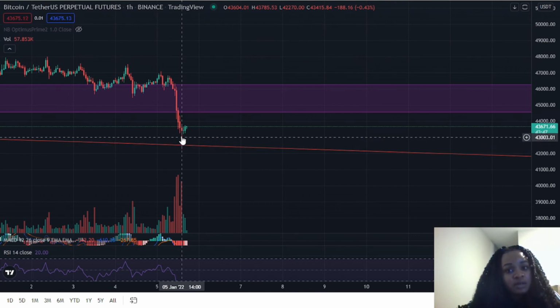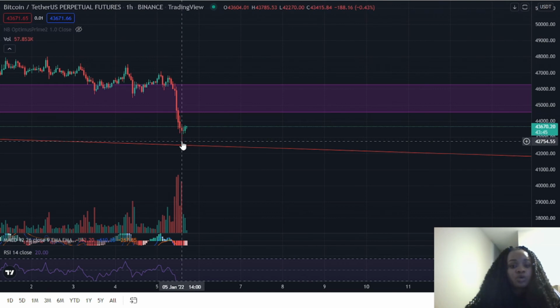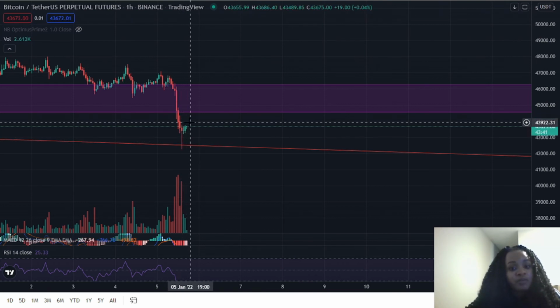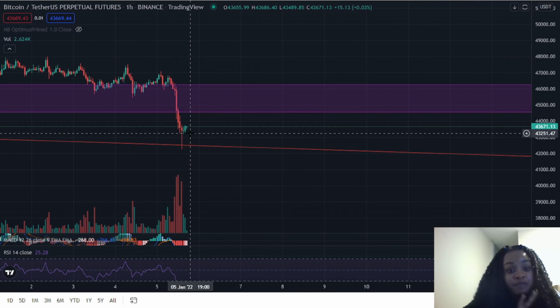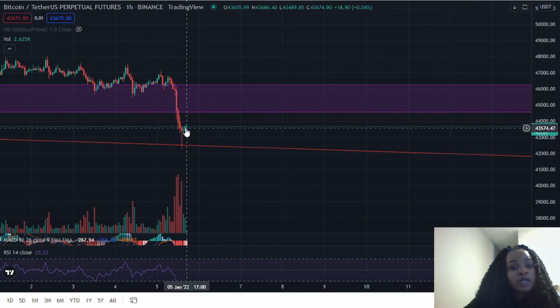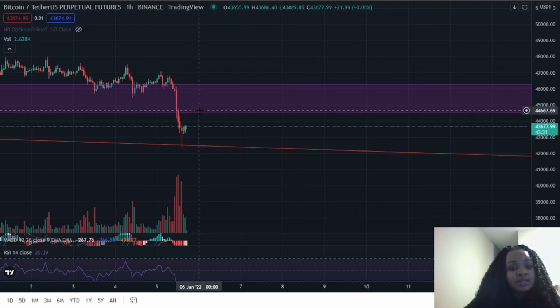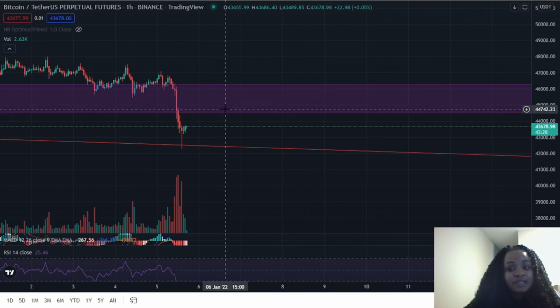Damn. Okay, so the moment it went to that price, it bounced back from it like hard. So this is telling me that people have bought, and now they're trying to go retest that resistance.